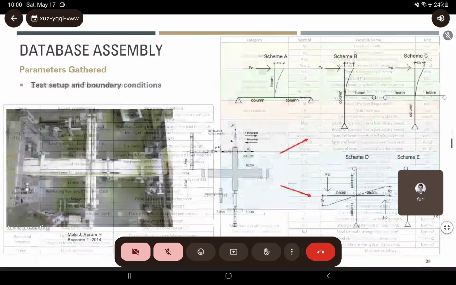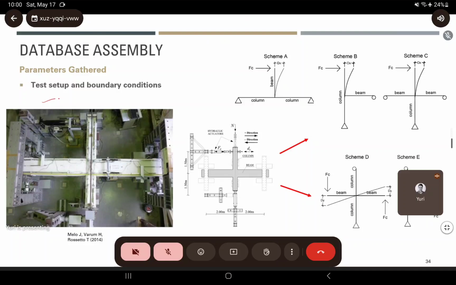these experiments. And how we are doing this is, we check the paper or the report or whatever technical document has the information.